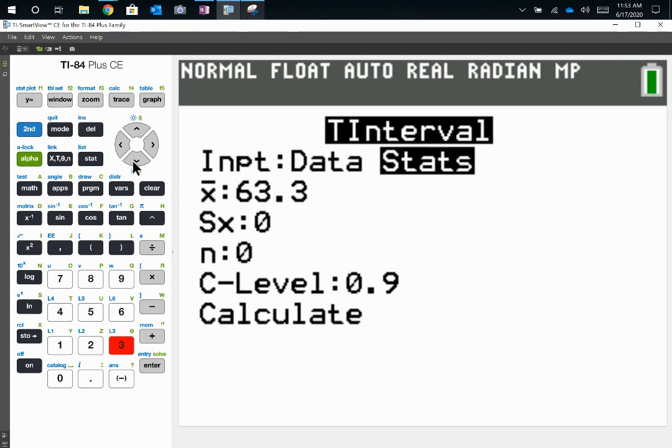63.3 is the mean, right? X bar. Standard deviation is 5.23, N is 30, and the confidence level is 0.95.